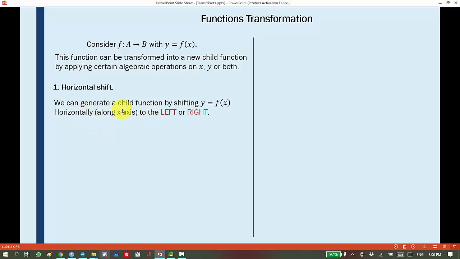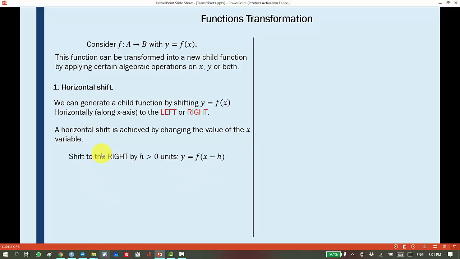We can generate a child function by shifting the graph of y is equal to f of x horizontally, that is along the x-axis, either to the left or to the right. A horizontal shift is achieved by changing the value of the x variable.